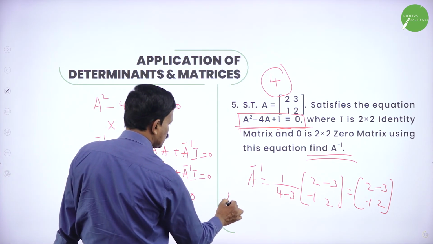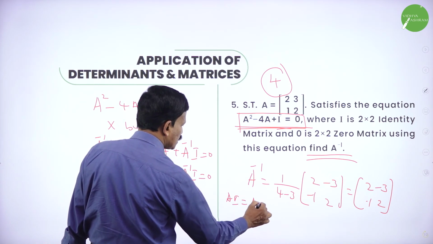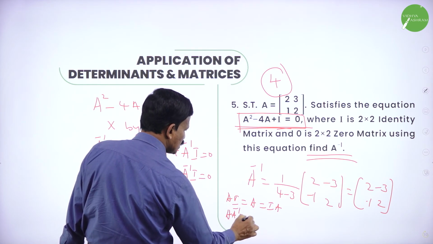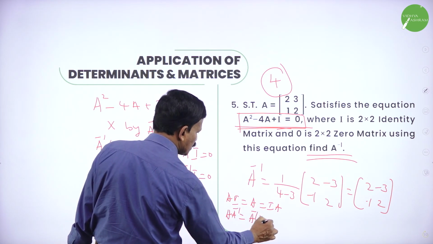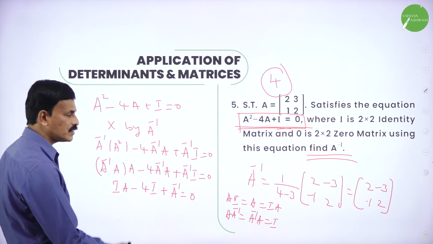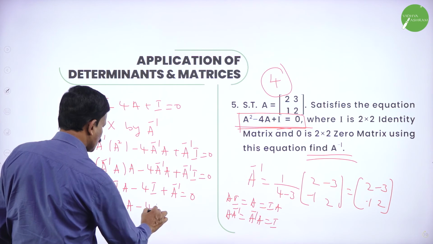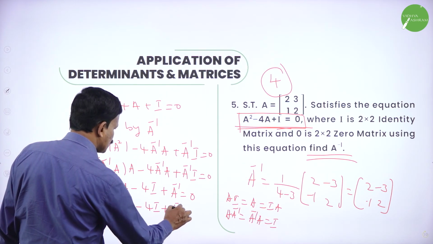You know A into I is equal to A, that is also equal to I into A. A inverse into A is equal to I. These are the formulas.